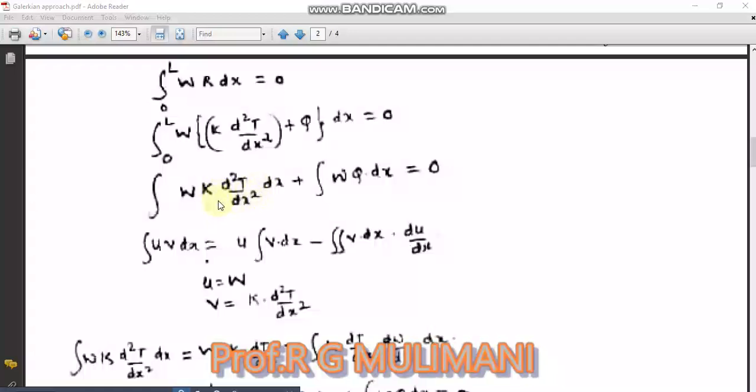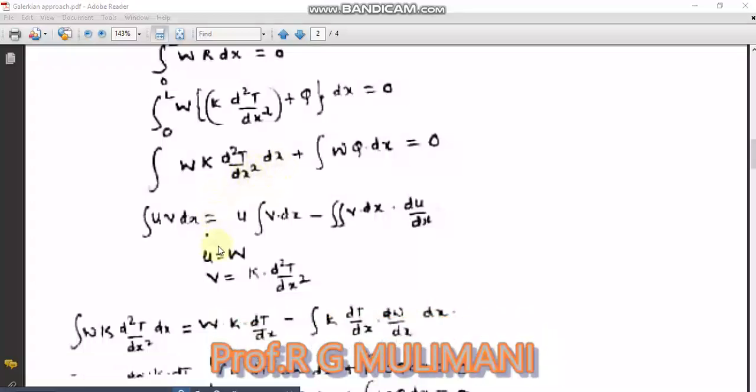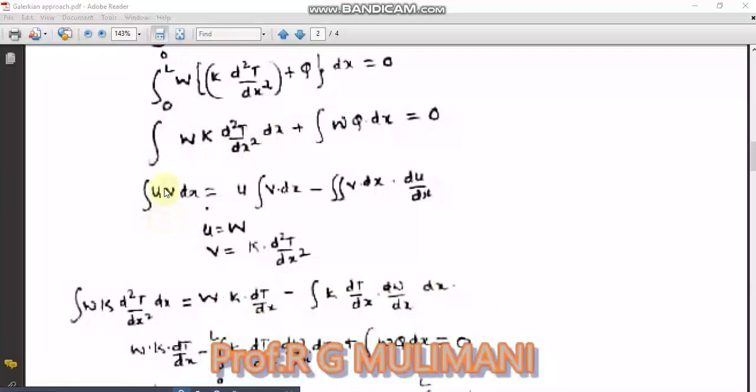Here the first term is integrated by the integration by parts method, where W is u and v is k d squared T by dx squared dx. You already know how to integrate the product of two parts. Keep the first part, W, as it is, and integrate v with respect to x, which gives k dT by dx.